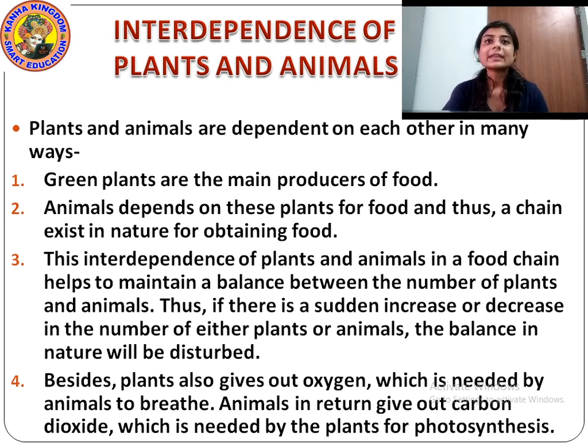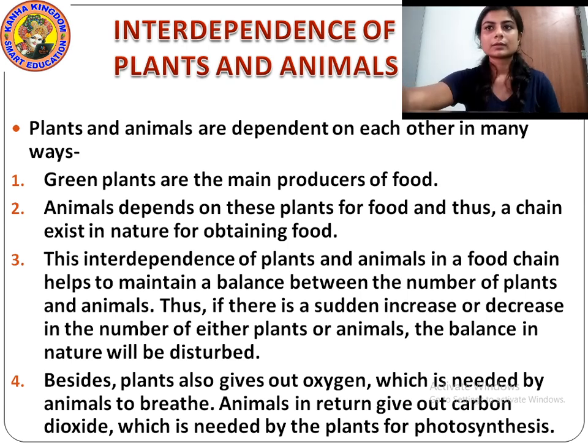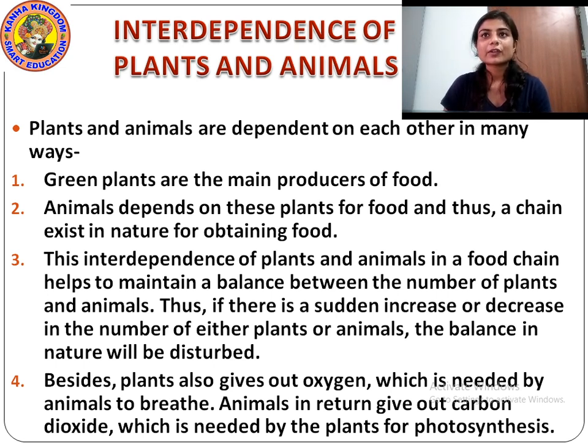Students, animals depend on these plants for food. This is how the food that is prepared by the plants is eaten by us. This forms a food chain. Understood?